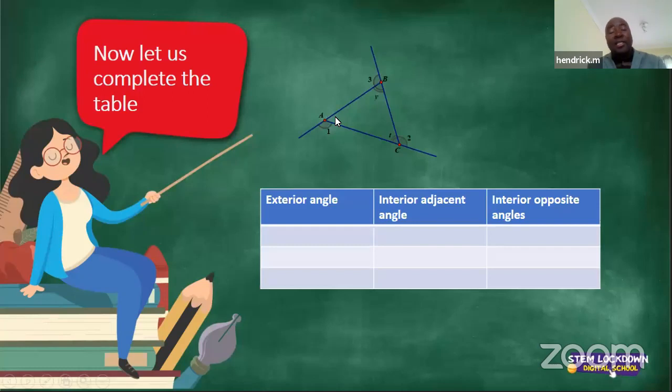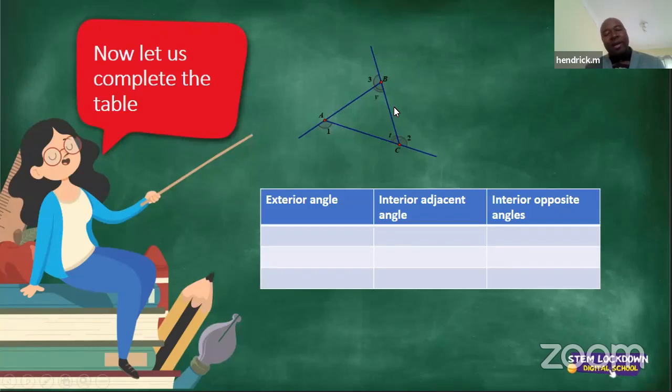We call it an adjacent angle because the sum of these 2 angles, A1 and its adjacent, is 180 degrees. So if you say A1 is an exterior angle, then the adjacent angle would be BAC. And what will be the interior opposite angles? The interior opposite angles will be Y and T. So Y and T are the interior opposite angles.